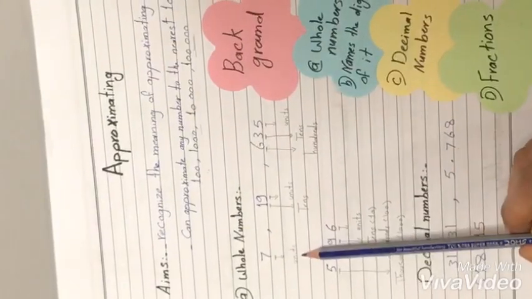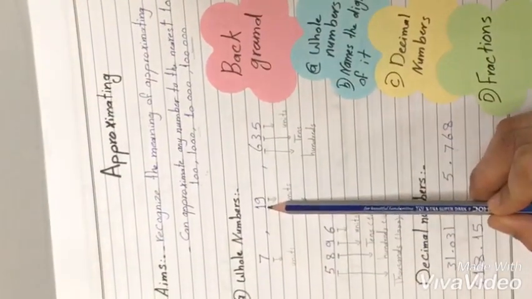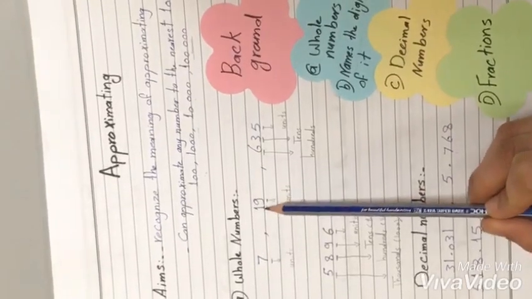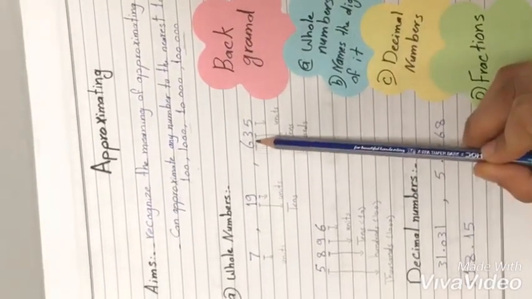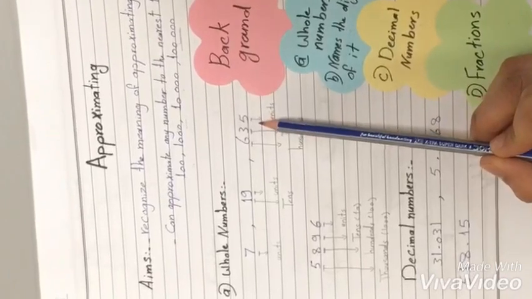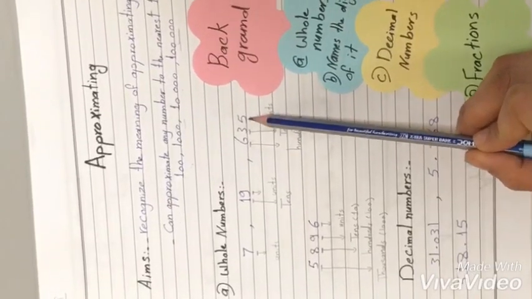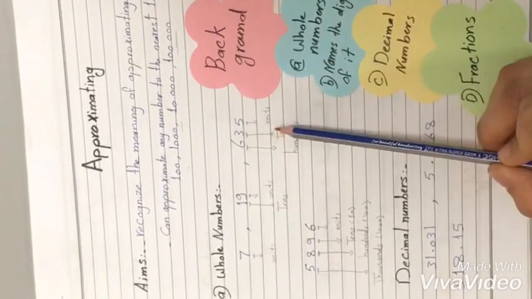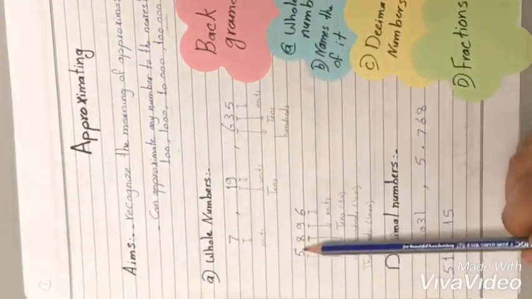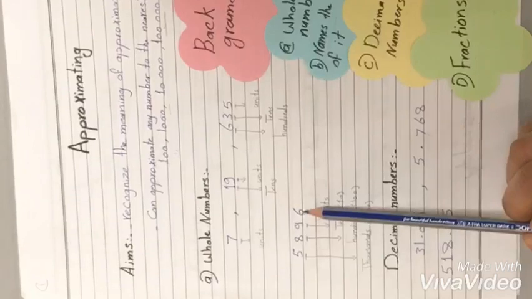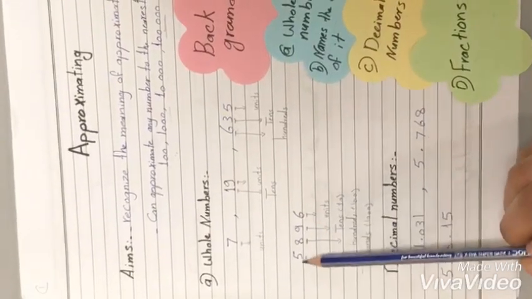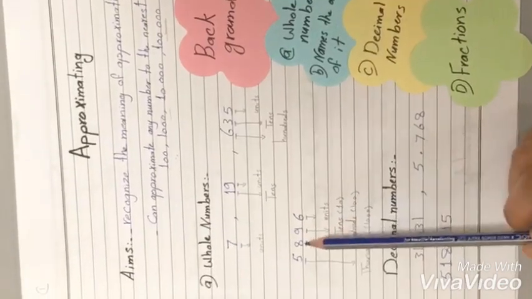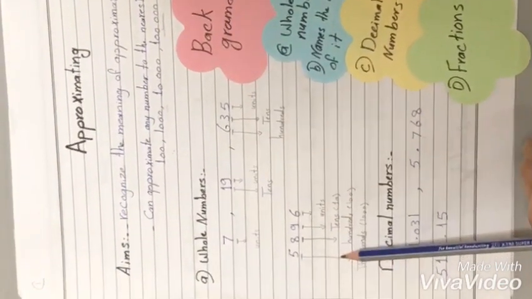This digit is unit. 19 is a whole number, consists of two digits, 9 unit and 1 tenth. 635 is a whole number, consists of 3 digits, 5 unit, 3 tenths and 600. 5896 is a whole number, consists of 4 digits, 6 unit, 9 tenths, 800 and 5000.